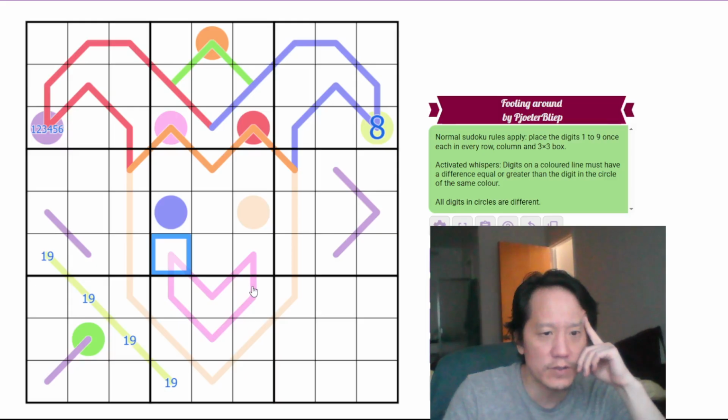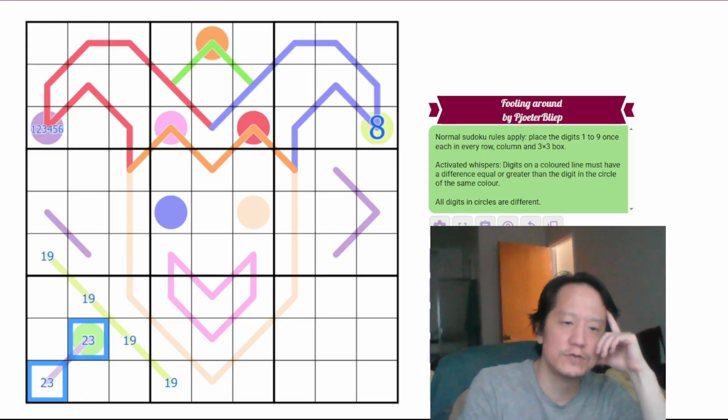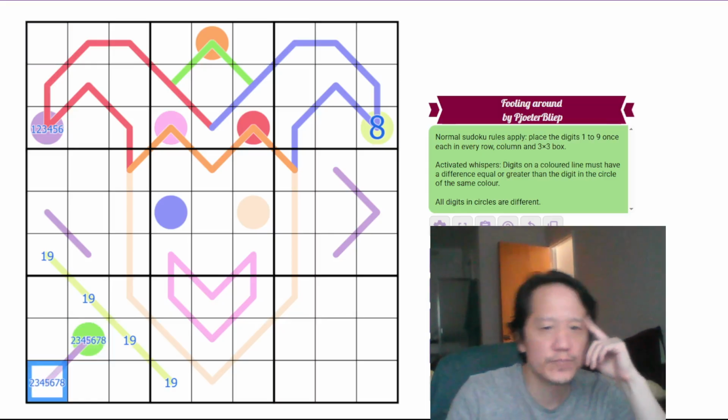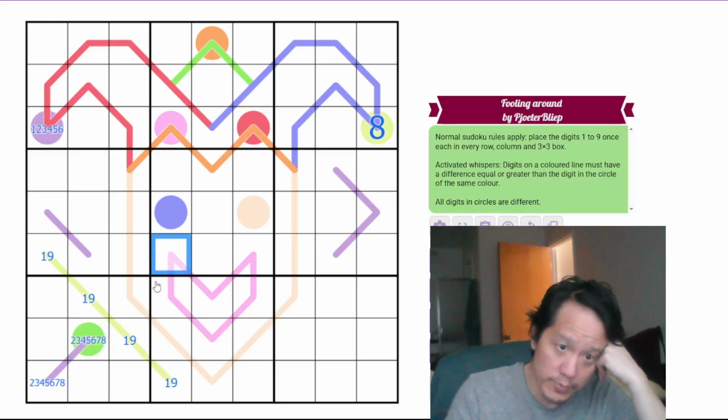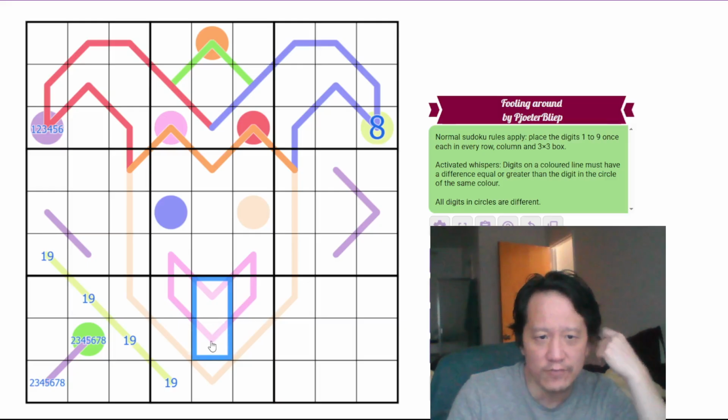Oh, wait, hold up. Yeah. This is 2 through 8. So it cannot be lavender, can't be pink. In fact, this, well, no, it could be. It could be 5 or more.